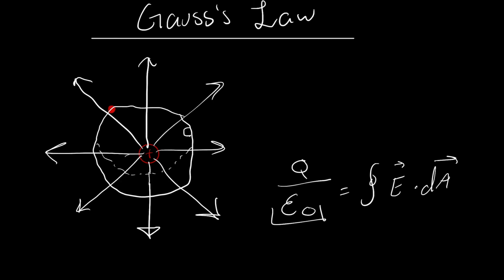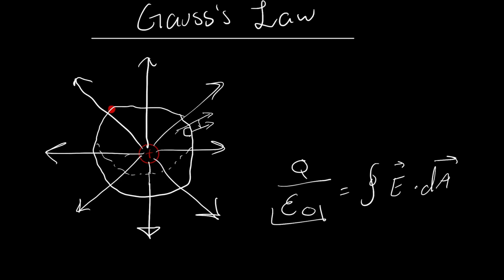So the dA is going outwards, and because the charge is positive, the electric field is also going outwards, okay? Because these two are parallel to each other, we are able to get rid of the dot product. They are parallel to the Gaussian surface.